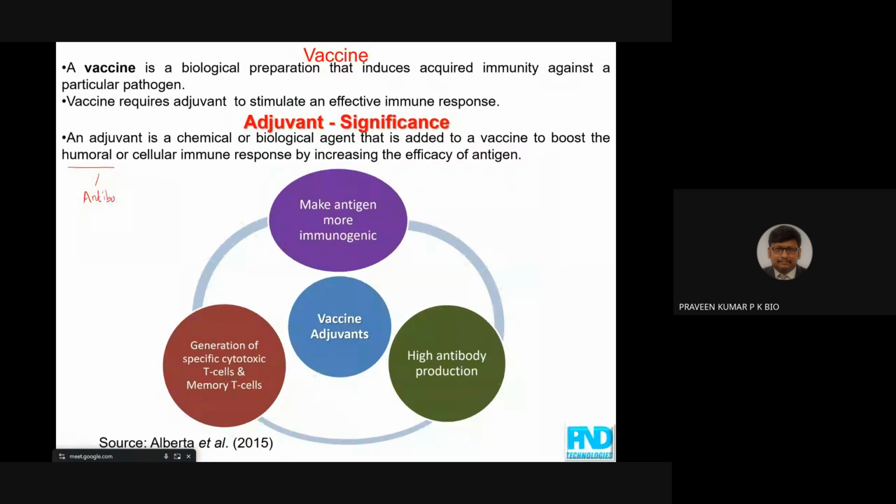Cellular immunity can be acquired through APCs, antigen presenting cells. Examples of antigen presenting cells are B cells, dendritic cells, macrophages, natural killer cells, etc.